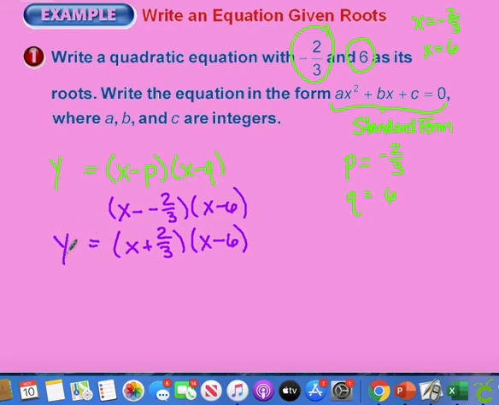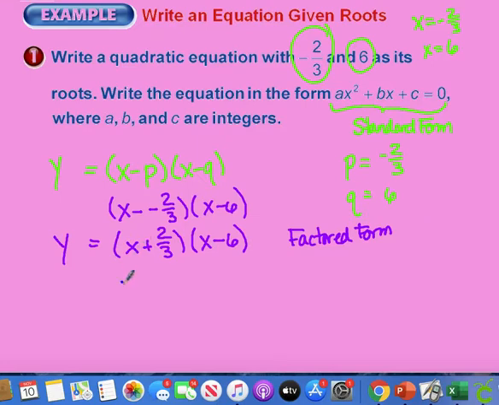And that equals the value of our function y, which is 0. Now, this is our factored form because these are our two factors. What I want to do is put it into standard form, so we're going to FOIL that.